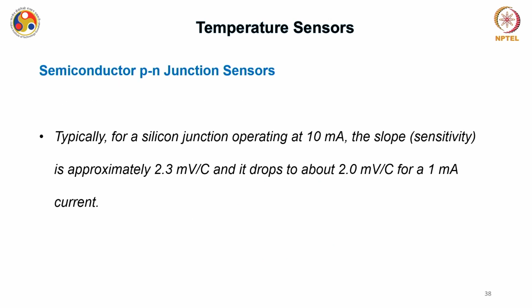Usually for a silicon junction operating at, say, 10 microamp, which is of course kept constant, the slope, which, if you remember from the first module, is nothing but the sensitivity of this kind of linear device, is approximately 2.3 millivolt per degree Celsius, as we have just seen. However, it decreases by 0.3 millivolt per degree Celsius, and it becomes 2 millivolt per degree Celsius for a 1 microamp constant current source.